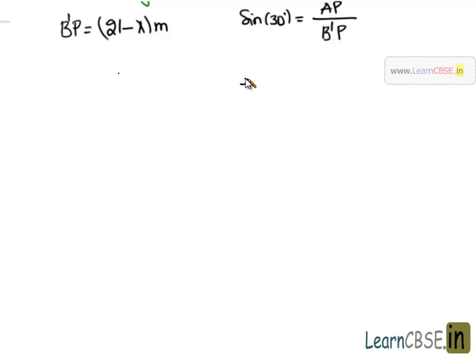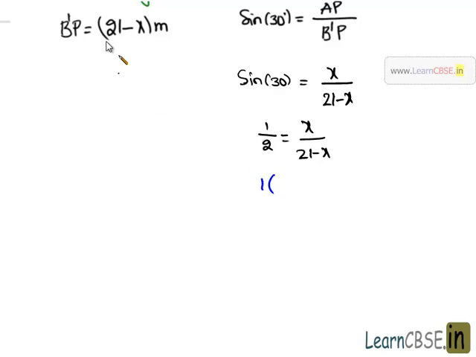That implies sine 30 degrees is equal to x upon 21 minus x. From the tables, we have the value of sine 30 as 1 upon 2, which is equal to x upon 21 minus x. By cross multiplication, we have 1 times (21 minus x) is equal to x times 2.